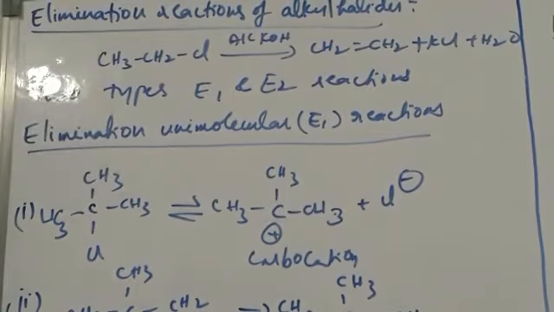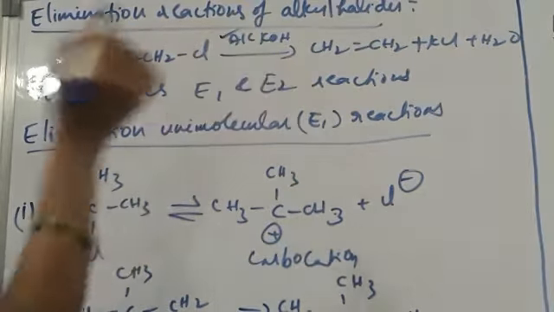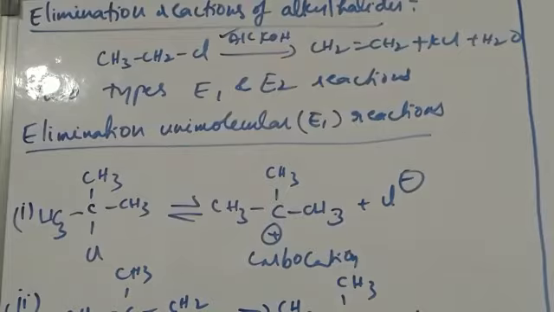One hydrogen atom and one halogen atom are removed from the alkyl halide by using a dehydrohalogenating agent. So here alcoholic potassium hydroxide is the dehydrohalogenating agent. Okay.